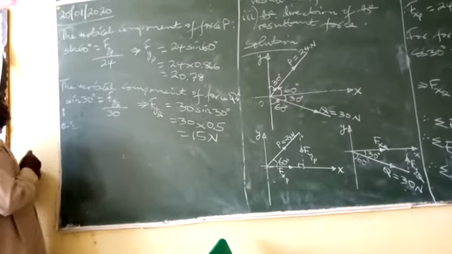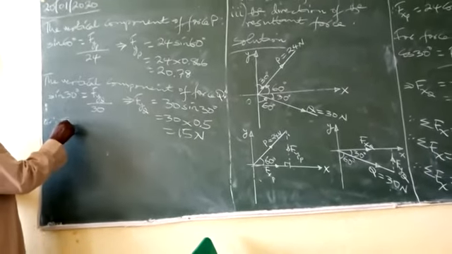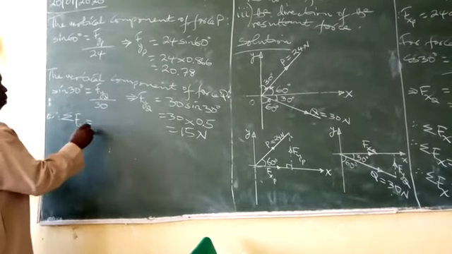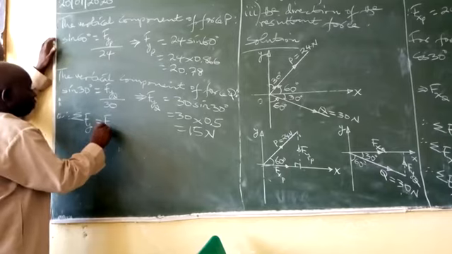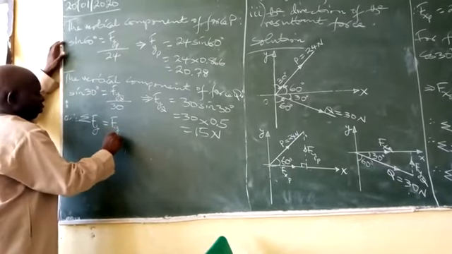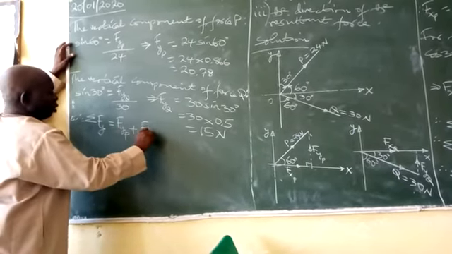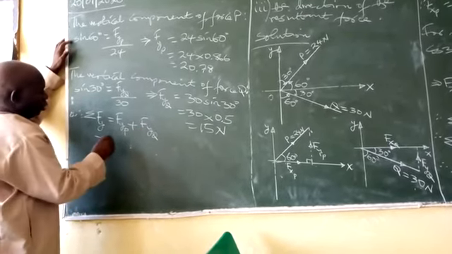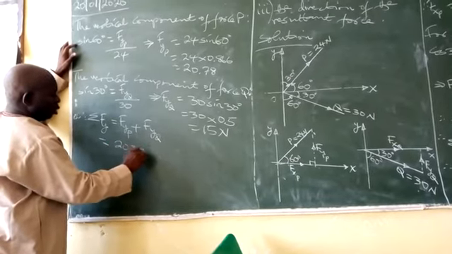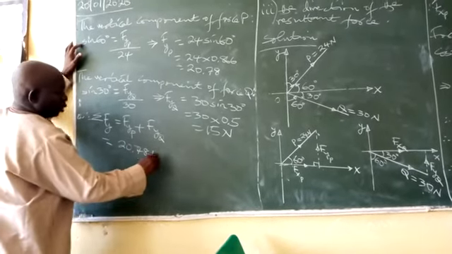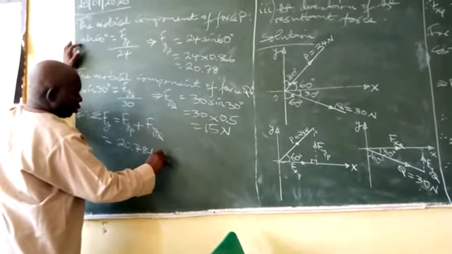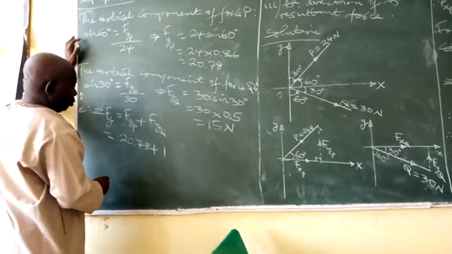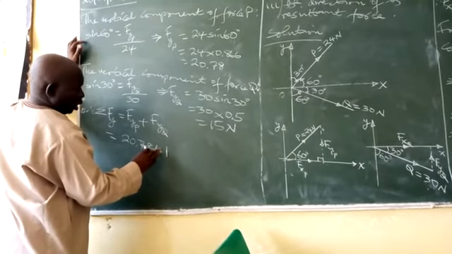Therefore, summation F sub y now. That will be F y P plus F y Q. 20.78 plus... Has to be minus. Yes, you're correct. That of Q is negative.